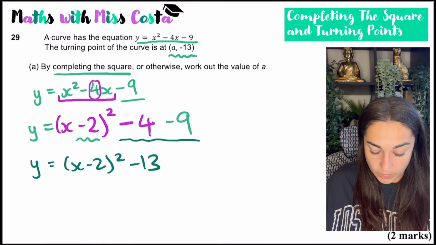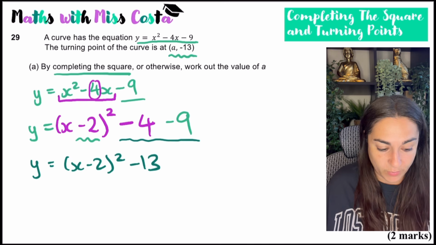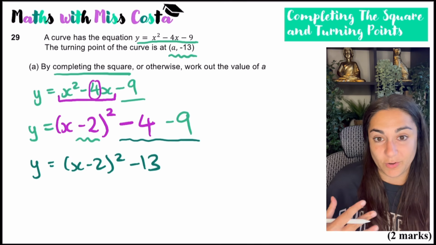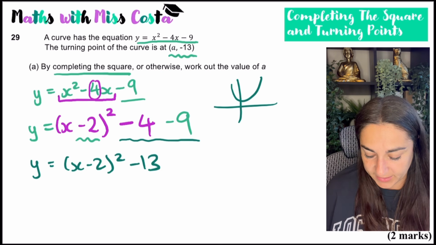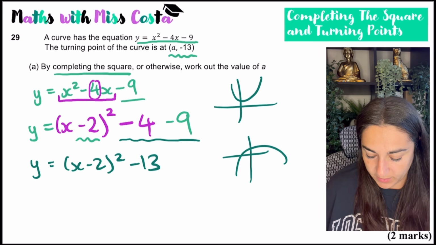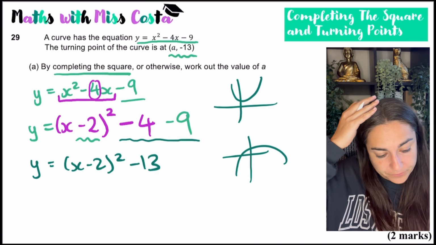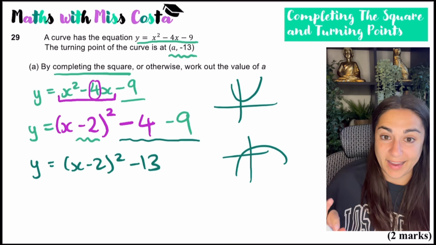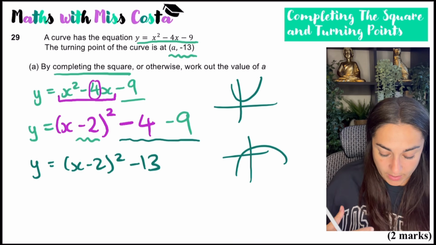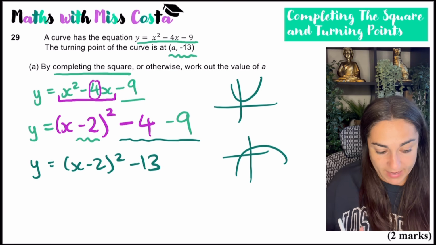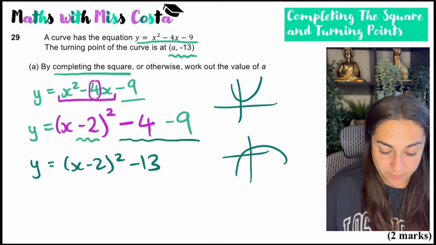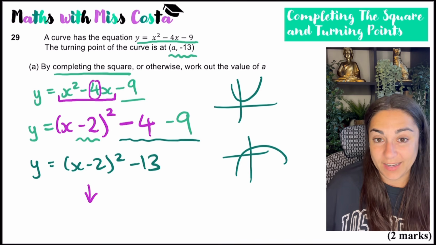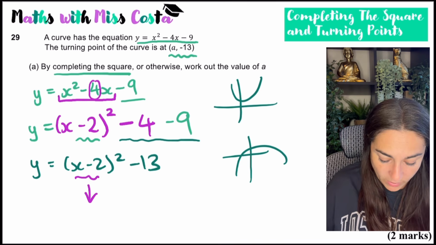Now, to work out what the turning point is, the turning point is where the gradient of the graph is 0. It's where the graph changes direction. So it's going to look like this, or it might look like this. And to work out what the x coordinate is, we need to think, what value of x must we put in our equation to make the bracket 0? The quick shortcut version of this is we do the inverse of whatever is in the bracket.